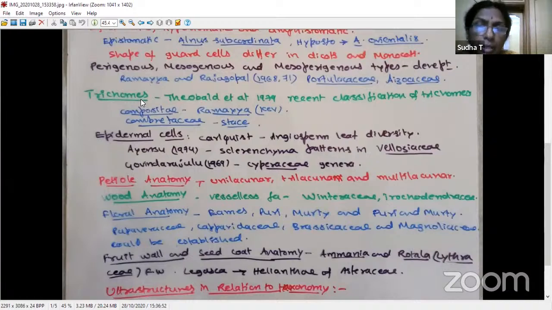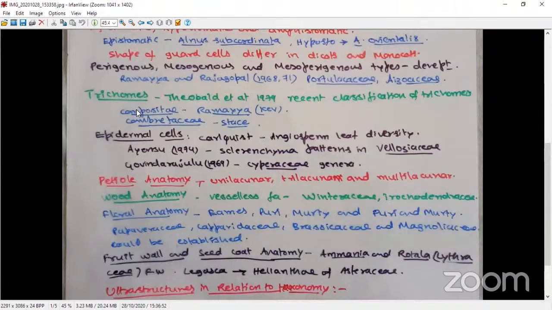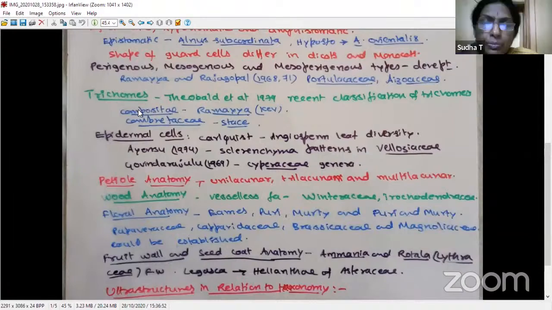Similarly, glandular trichomes are a very characteristic feature of the family Lamiaceae. Ocimum is known for having glandular hairs, and even Solanaceae members like Datura have very unique trichomes. They are glandular trichomes and uniseriate trichomes and unicellular trichomes like that. The trichomes are going to help a lot in the identification of several species, genera and families.